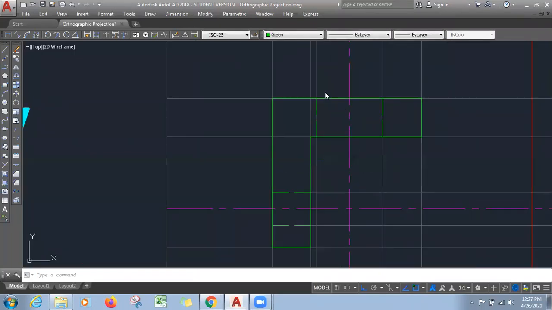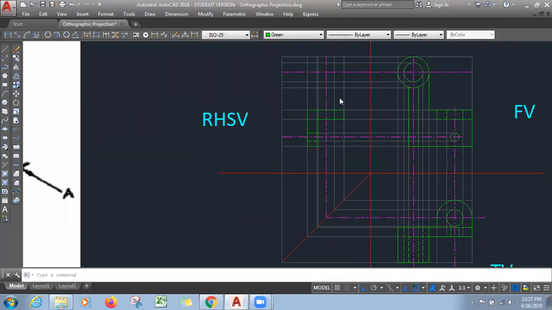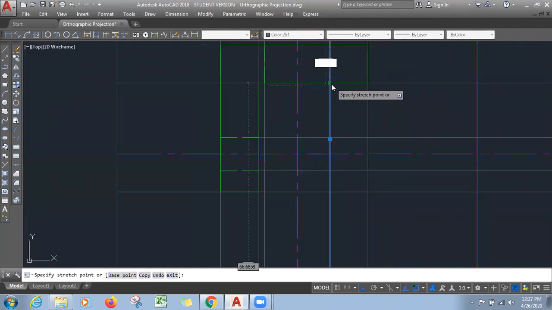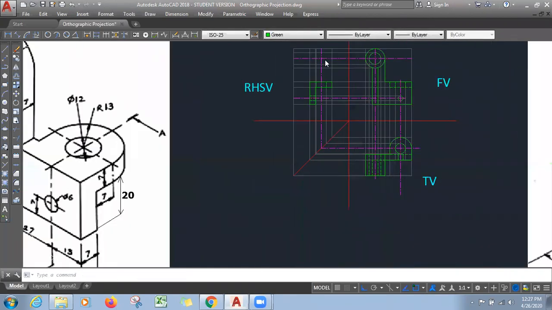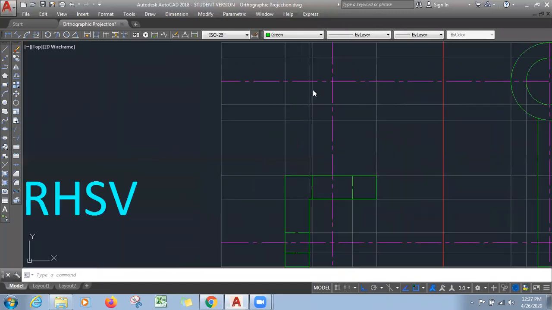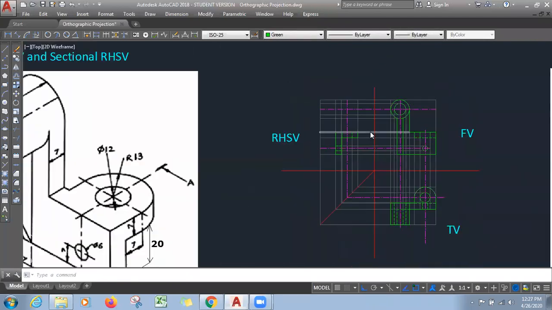In a similar way, see, these lengths are excessive, we actually don't need them. So what can we do? We can make it shorter. Now we have this part.